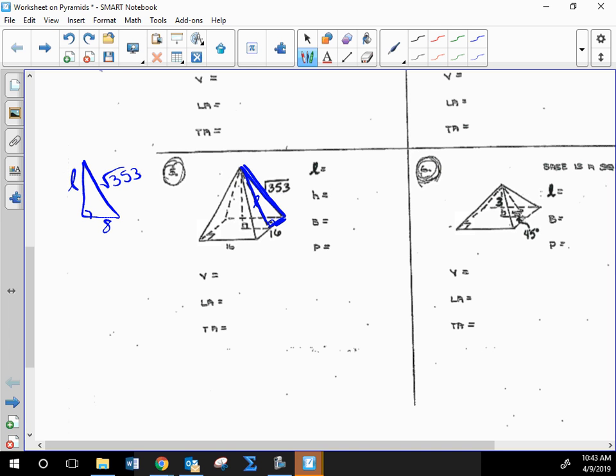What's the square root of 17? Thanks for being smart, Kyle. I appreciate that. What is 17? 14 squared is 196. 15 squared is 225.